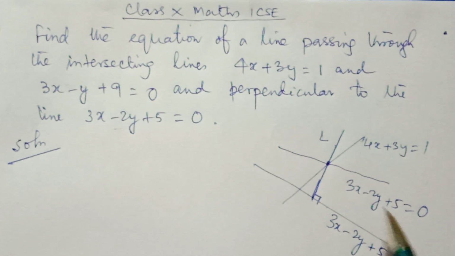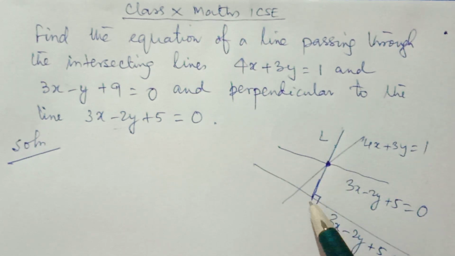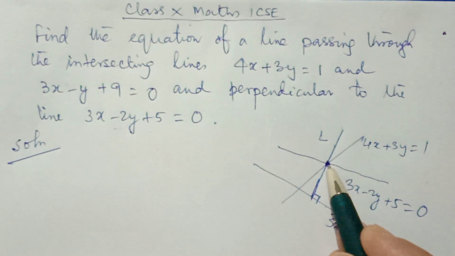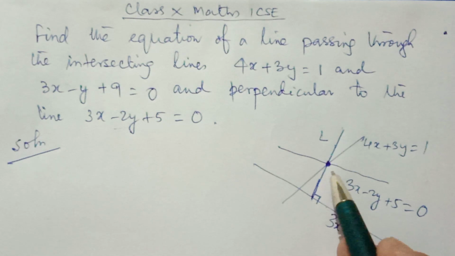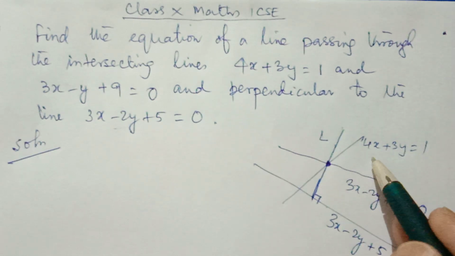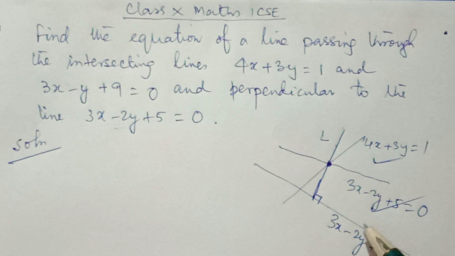Now here these two lines are intersecting, so we can find this point through which the required line is passing. So that is what you have to do first. So what is the intersecting point? A point of intersection. That we will find by solving these two simultaneous linear equations.